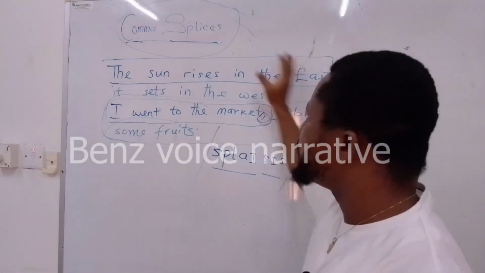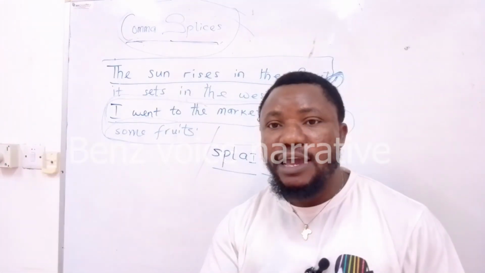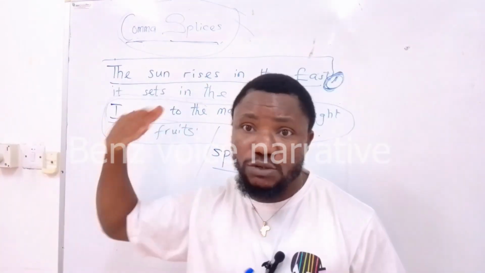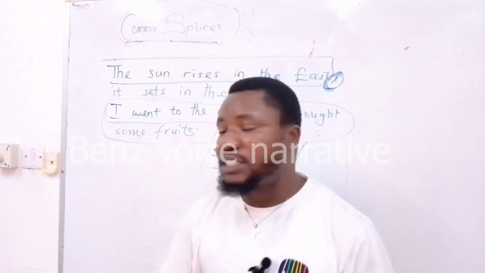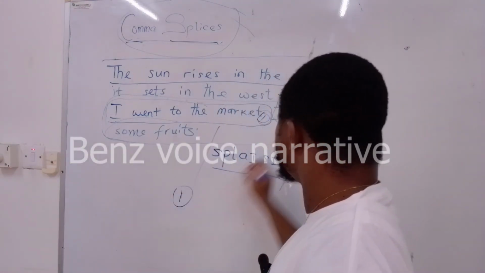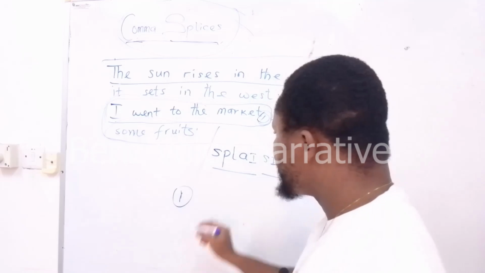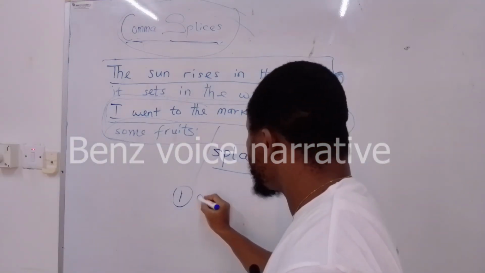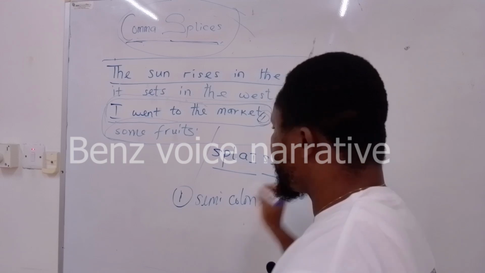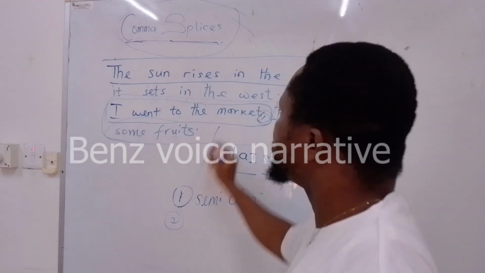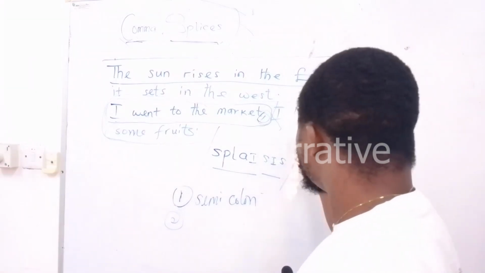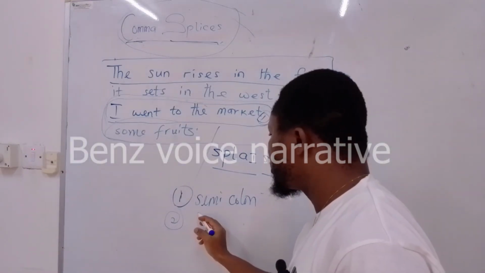Now, how do we correct comma splices? There are three ways to correct this grammatical error in the English language. The first way is to remove the comma and replace it with a semicolon. The second way is to remove the comma and replace it with a conjunction.